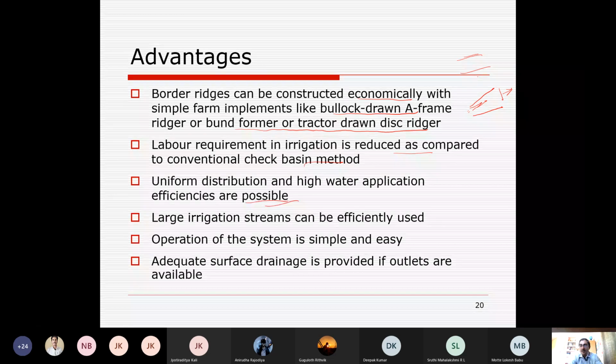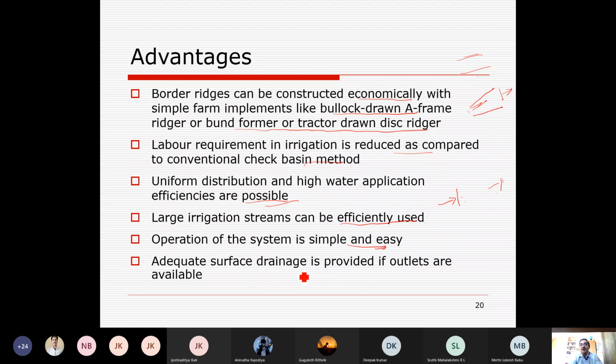Water advancing time is reasonably less and opportunity time is uniform everywhere in the field. Large irrigation streams can be efficiently used to supply water, reason being we need to cover the whole field in as minimum time as possible. And operation of the system is simple and easy, so that is an advantage of this method.